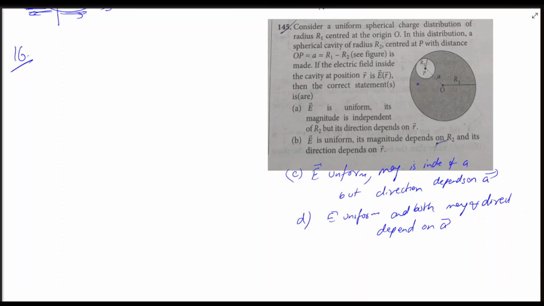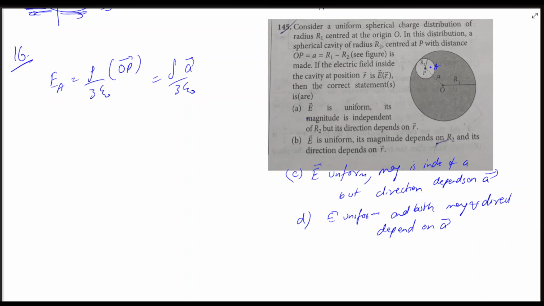I can directly write OP is A. At any point, let's say this is some point, the electric field we know is rho upon 3 epsilon naught times the OP vector. P is the center of the cavity. It is given. So OP is A, so rho A vector divided by 3 epsilon naught.